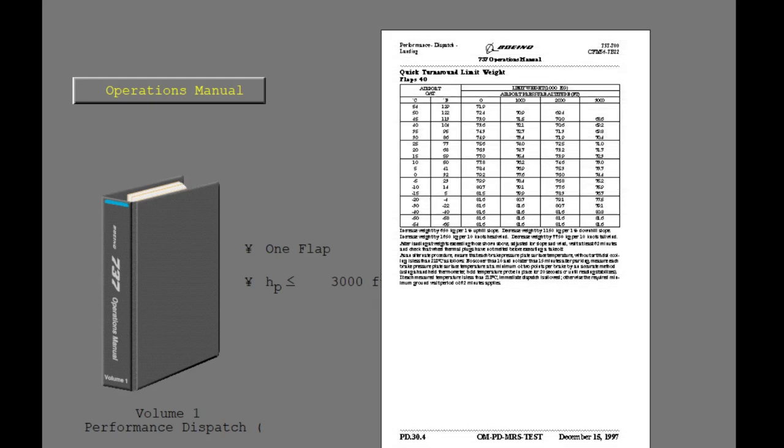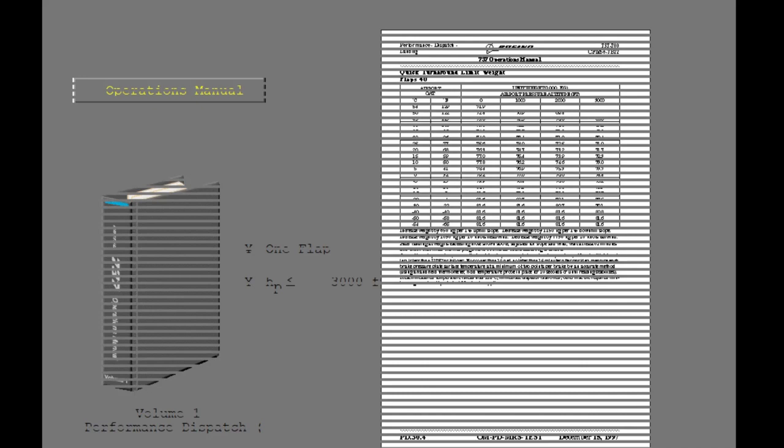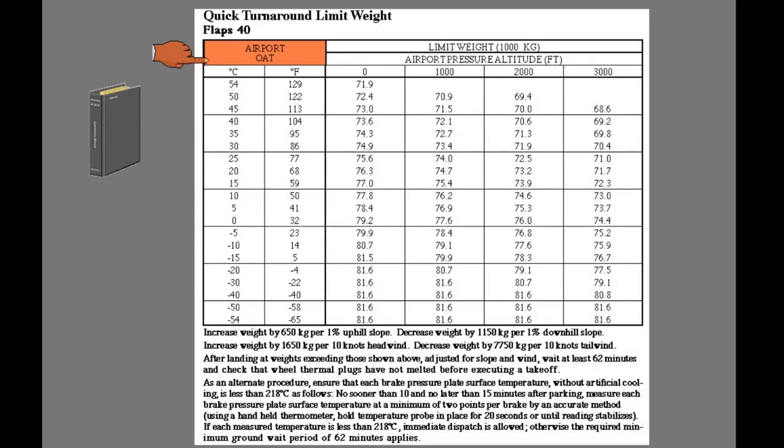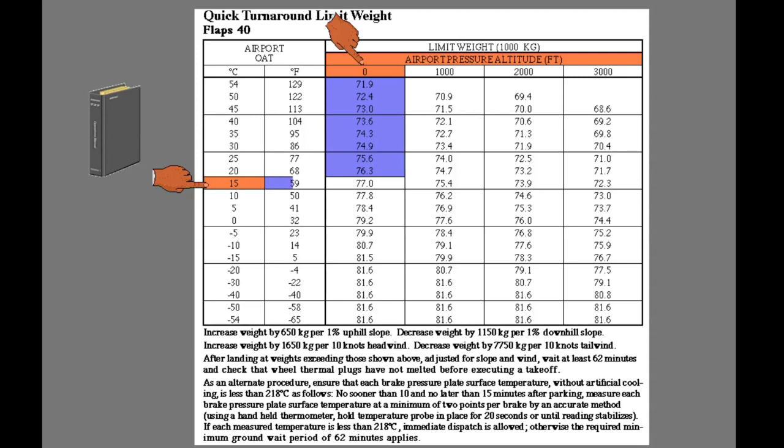Both documents use a similar tabular presentation format for quick turnaround limit weight. The quick turnaround limit weight table is entered with airport outside air temperature and airport pressure altitude to determine quick turnaround limit weight.